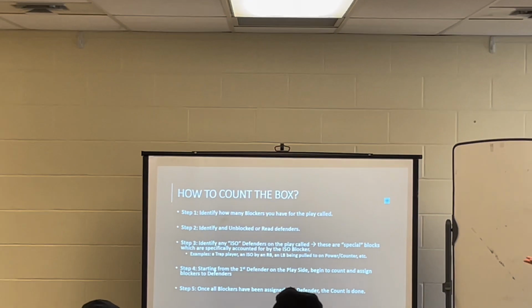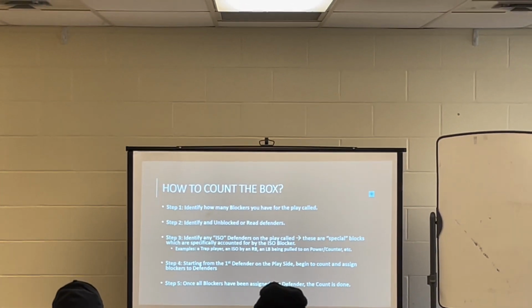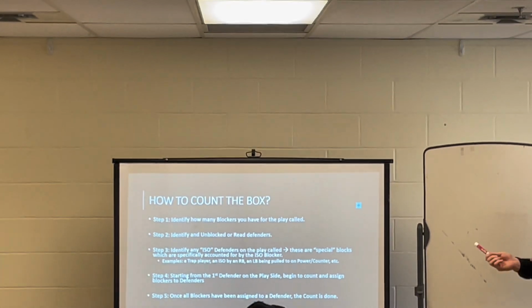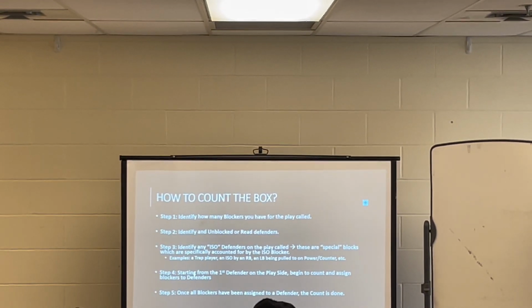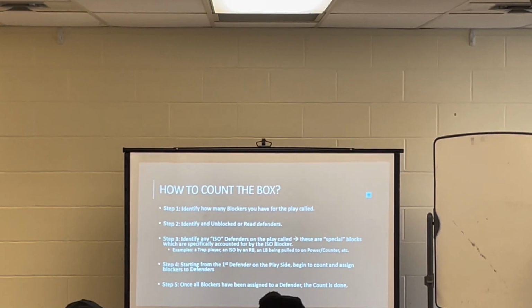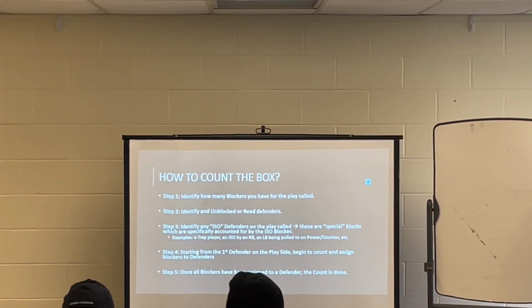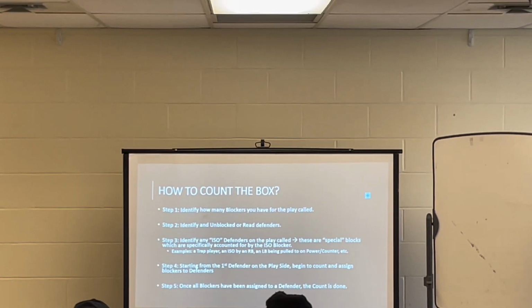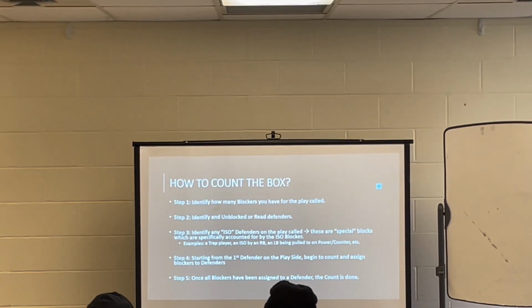The third step is, I call these ISO defenders, and maybe that's confusing, but basically there's the explanation. These are your special blocks, right? So that meaning these guys are specifically accounted for by a player. So you can see some examples. We know we're trapping the 3-tech, okay? We know that block is being executed by likely a pulling guard, maybe an H-back.